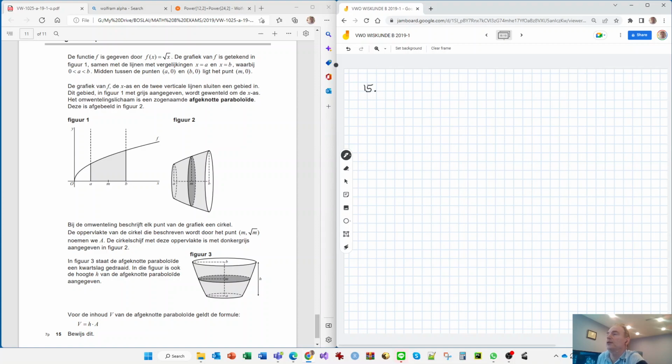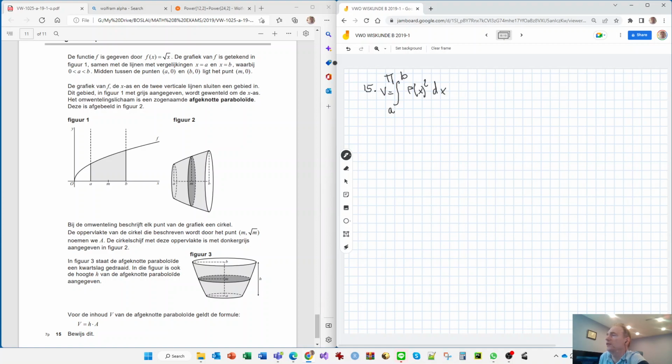So what you have to know, as I mentioned, you need to know how to calculate these rotational bodies and the volume of them. And that is just something that you need to know, so I can just write it down. You have for phi, the volume, is equal to the integral from a to b of the function squared, so f(x) squared dx times pi.